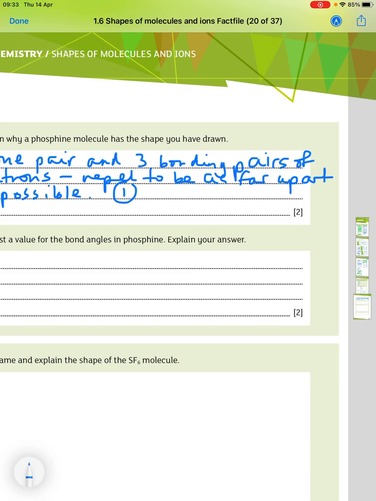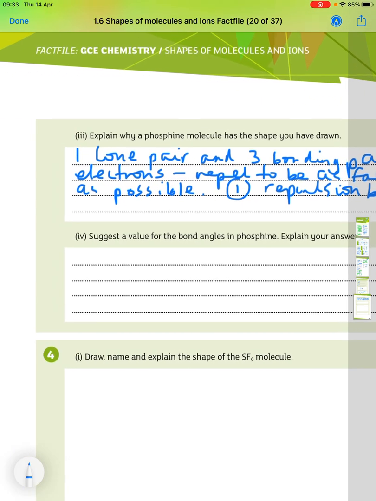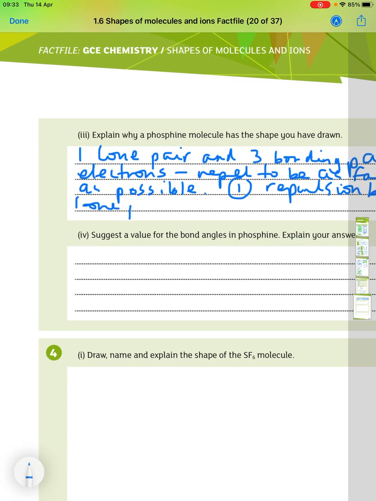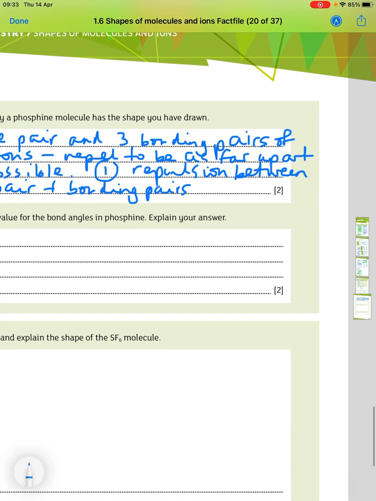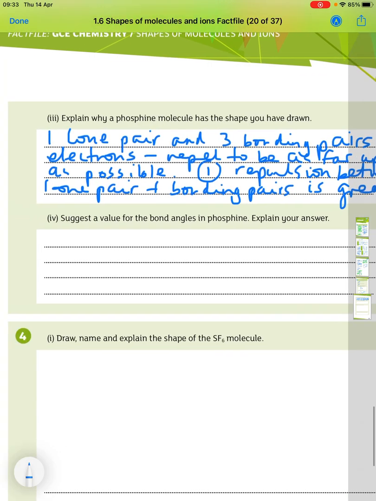For your second mark, we're going to say the repulsion between the lone pair and bonding pairs is greater than the repulsion between bonding pairs.